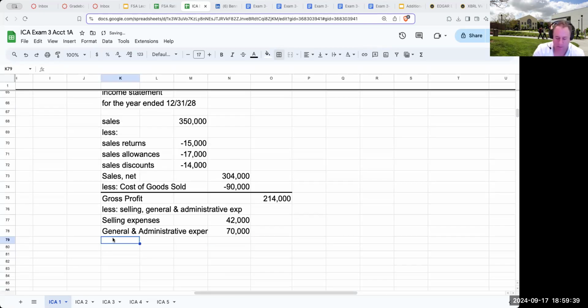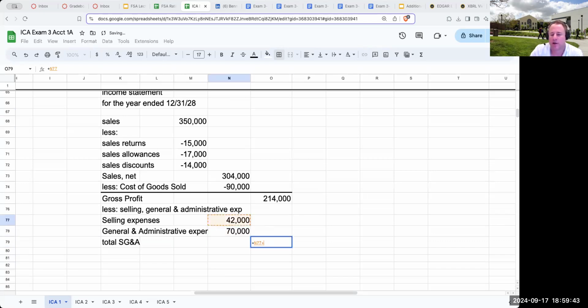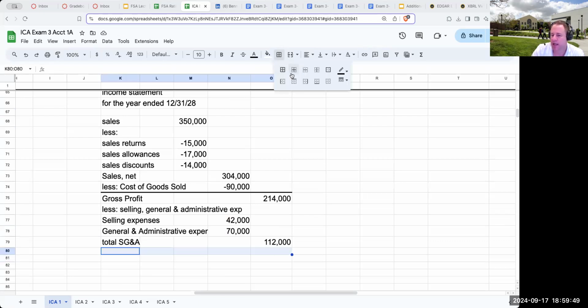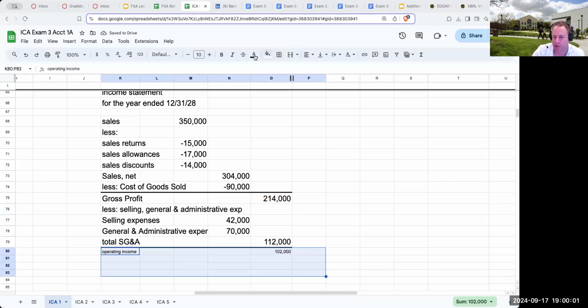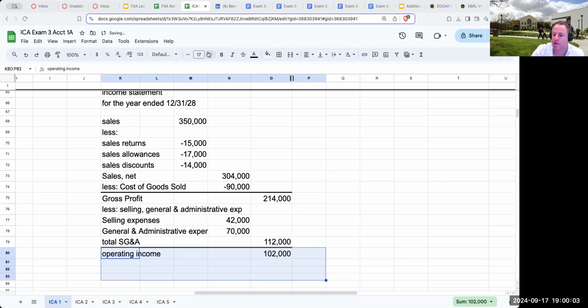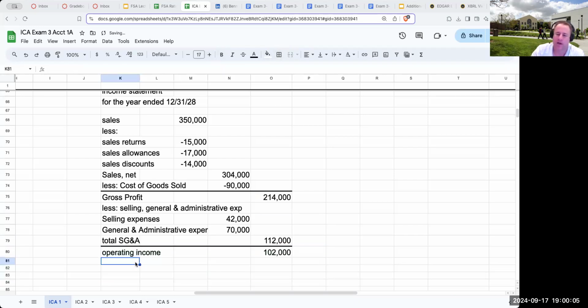So my total SG&A is going to be 112,000. When I subtract the SG&A from the gross profit, this is going to give me my operating income. That doesn't mean I'm performing surgery. It's how much did I make from my normal business operations. Okay. So now that I have this, I'm now ready for the next step.